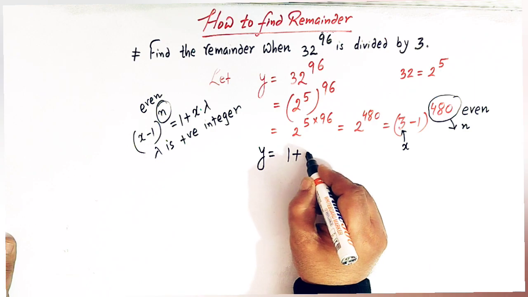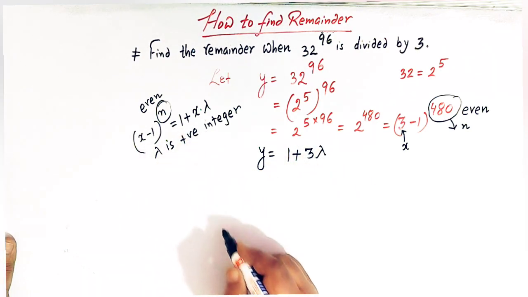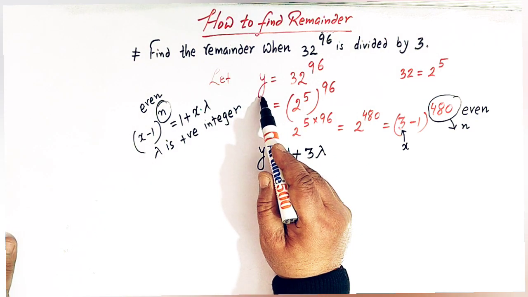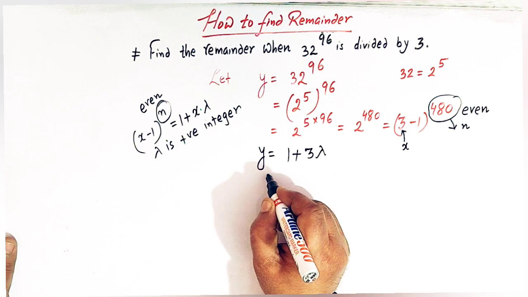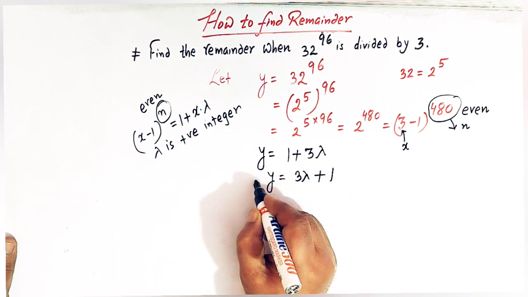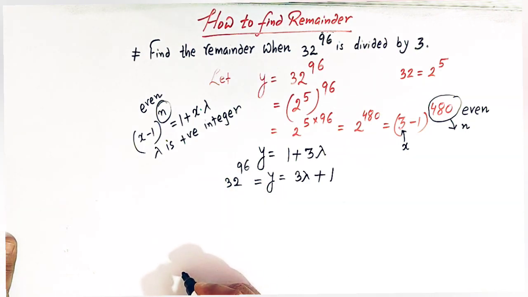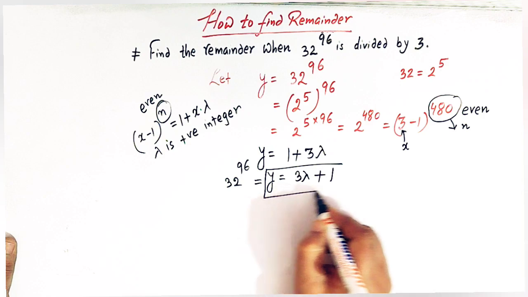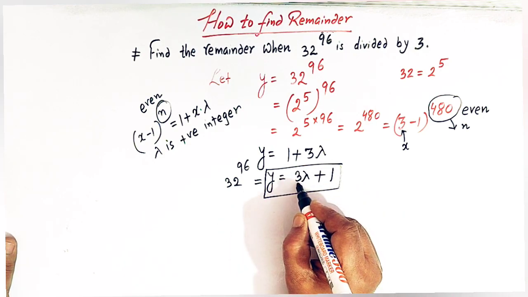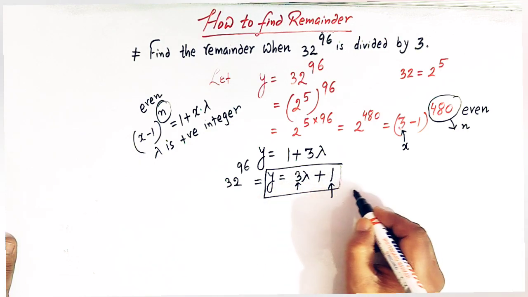X is 3, so we have 3 times lambda, where lambda is some positive integer. So we have obtained y is equal to 1 plus 3 lambda, which can be written as 3 lambda plus 1, and y is 32 raised to 96. So from this expression, we can conclude that when y is divided by 3, then the remainder is 1, right?